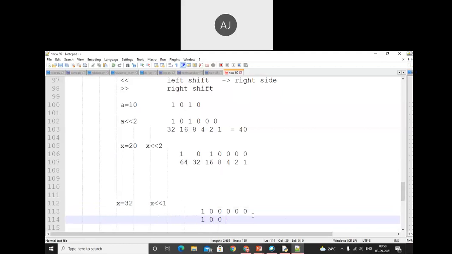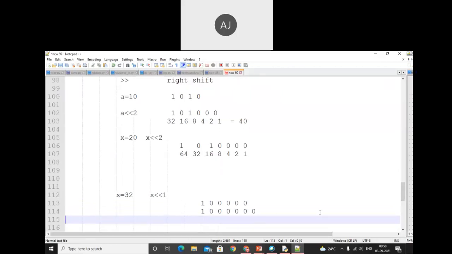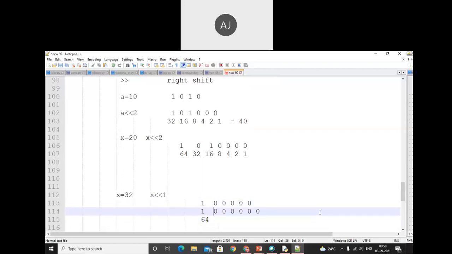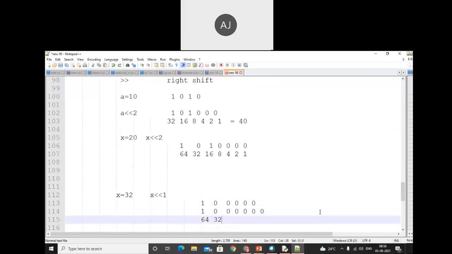Because I want to shift 1 bit, now we calculate. This 0 is 4, this 0 is 2 and this 0 is 0.